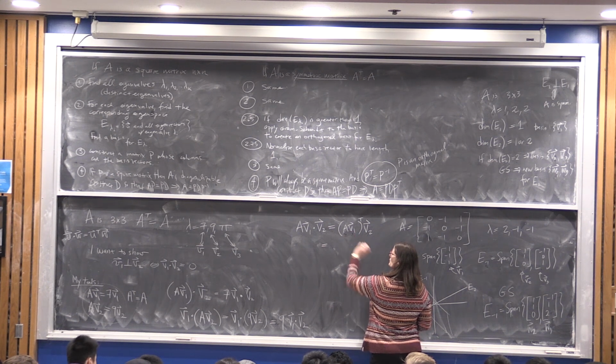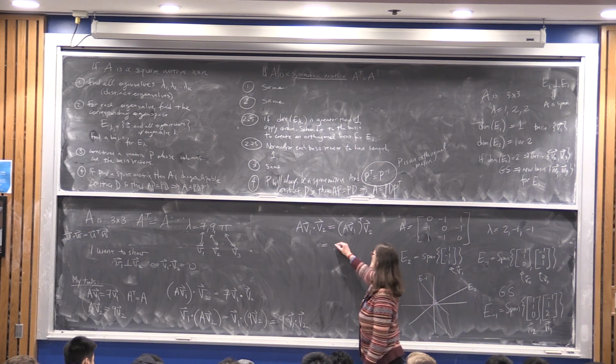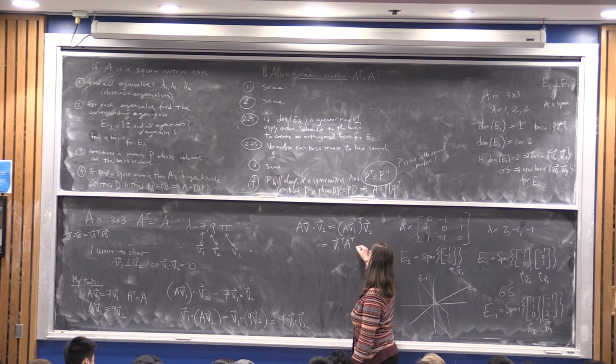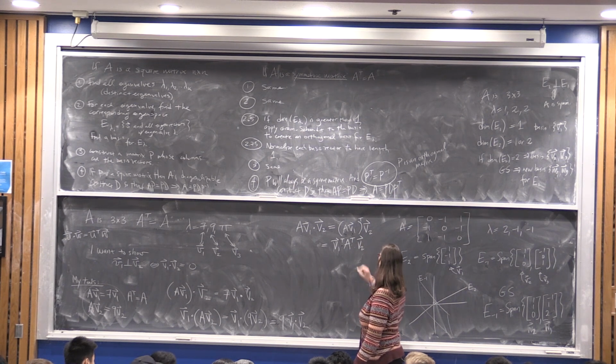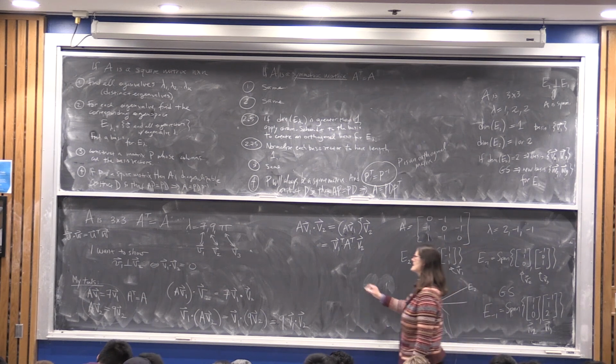So how do products play with transposes? They reverse. So that's v1 transpose A transpose v2, because of how transposes work.